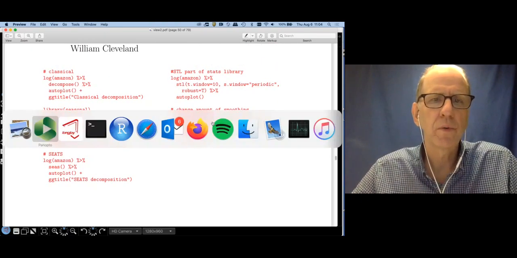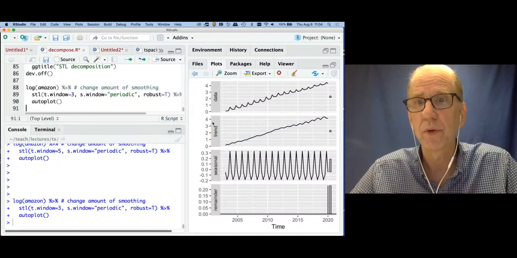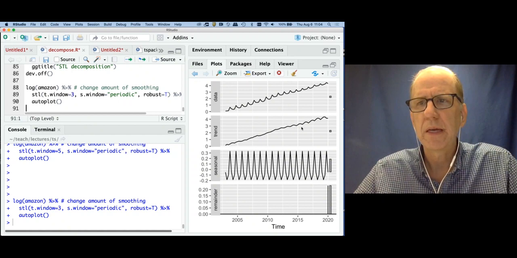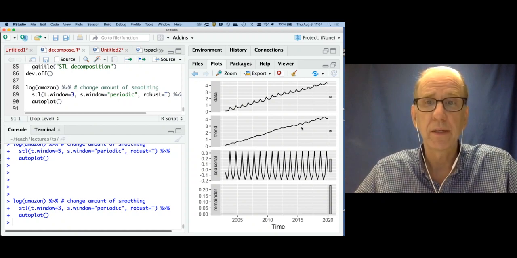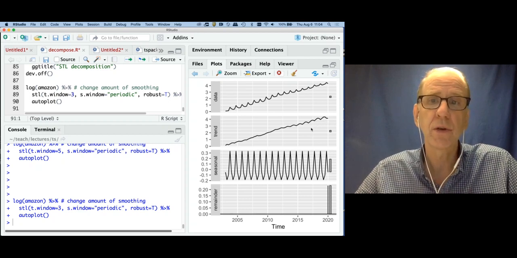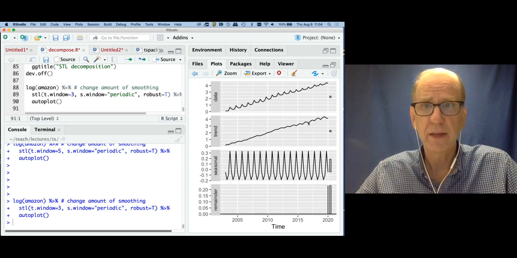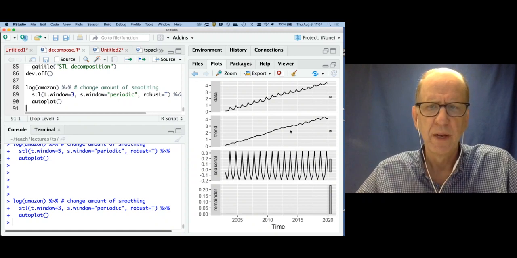So let me just show you what you get in R when you use a window of 3. What you'll see is the cycle trend is really under smoothing it now. We're seeing some of these seasonal effects creeping into the cycle trend part that really shouldn't be there. That should be put down in the seasonal part, not in the cycle trend part.